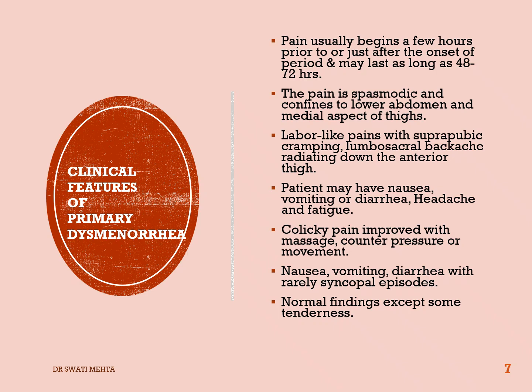Associated symptoms include nausea, vomiting, diarrhea, headache, fatigue, dizziness, and occasional fainting. Many patients obtain relief from movement, massage, heat application, or pressure. Physical examination is usually normal except for mild lower abdominal tenderness.